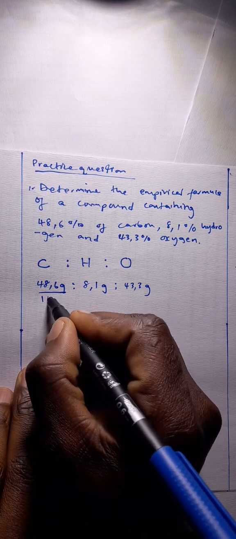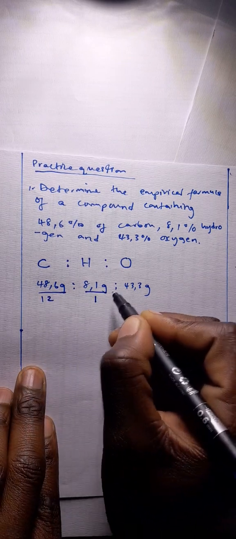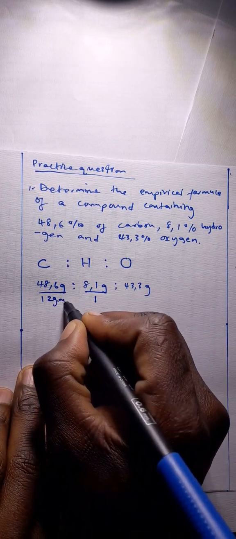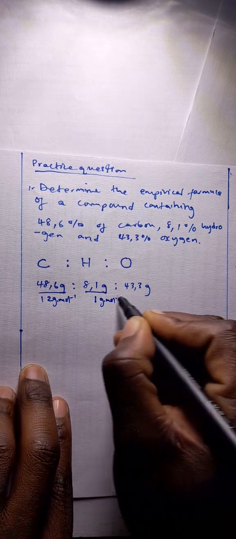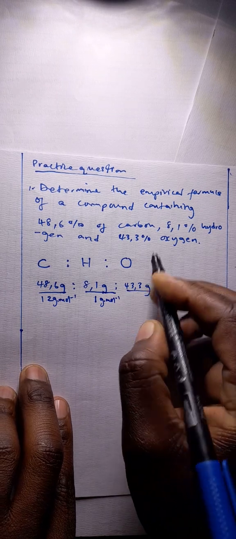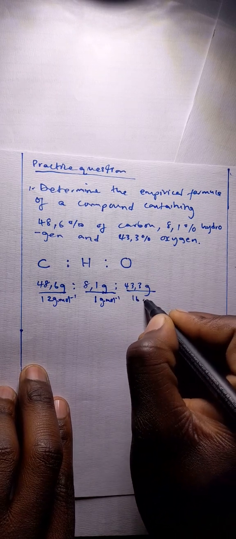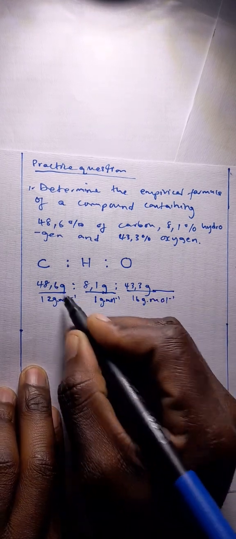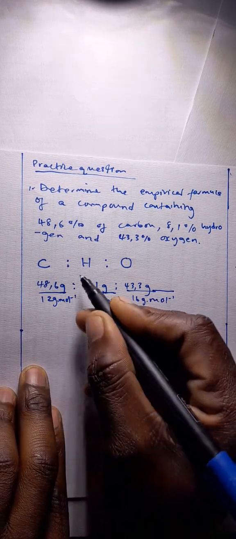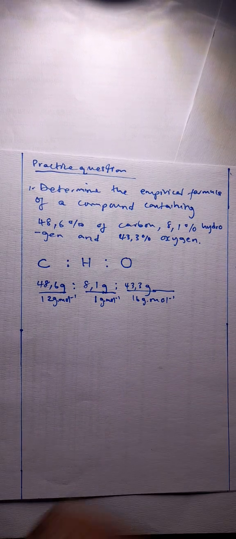We are going to divide by 12, divide by 1, and divide by 16. These are grams per mole, so the grams will cancel out and you'll have moles.